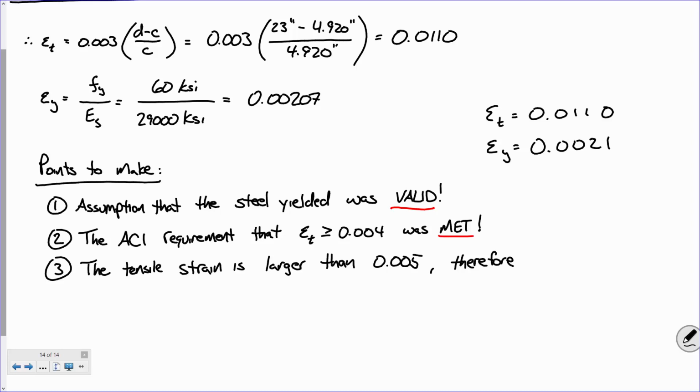I'm going to make y'all search for this one. Okay, keep going. So how about this? It will. Okay, you're right. All right, so I'm going to say, therefore, the beam is tension controlled.